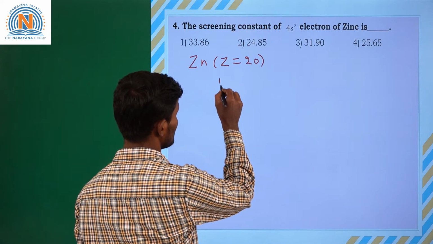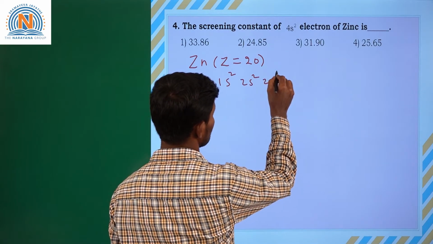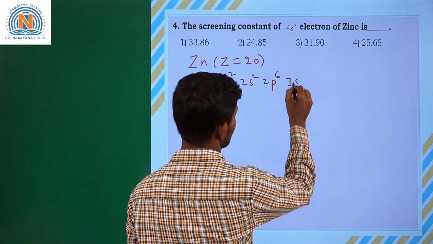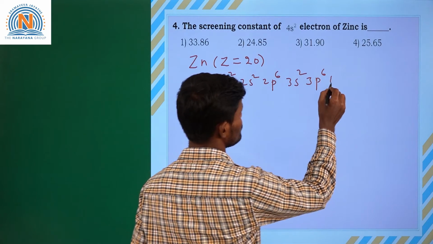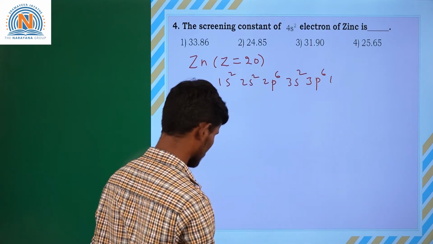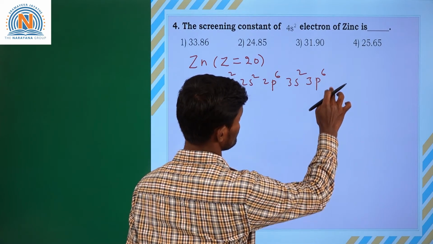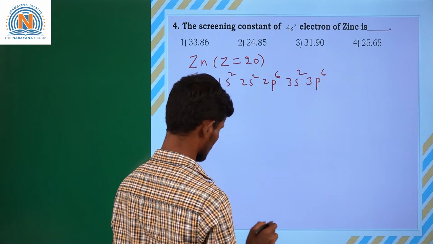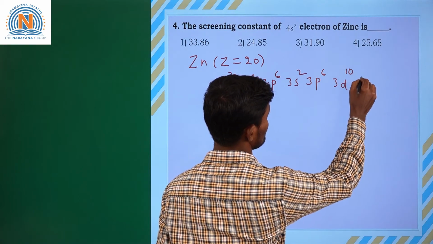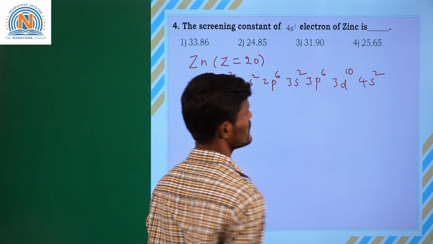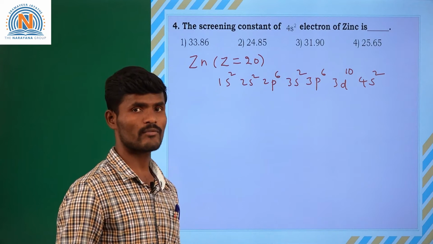Write its electronic configuration: 1s2, 2s2, 2p6, 3s2, 3p6, 3d10, 4s2. Now group the electronic configuration.